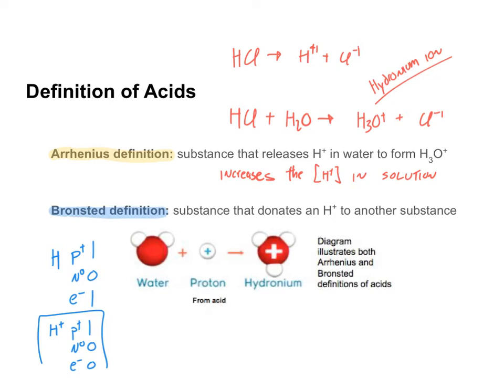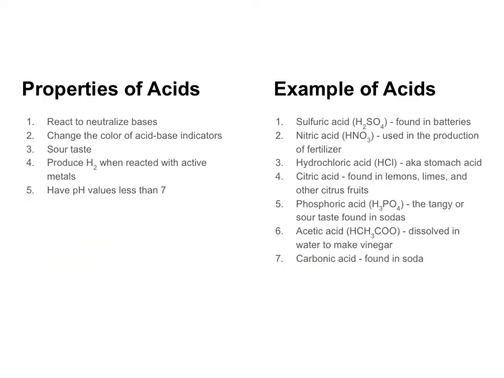Sometimes there is an instance where you will have water act like an acid, and it can also act like a base, which we'll talk about in a little bit. So basically, we have Arrhenius acids, which increase the hydrogen ion concentration, and Bronsted-Lowry acids, which are substances that donate a hydrogen.